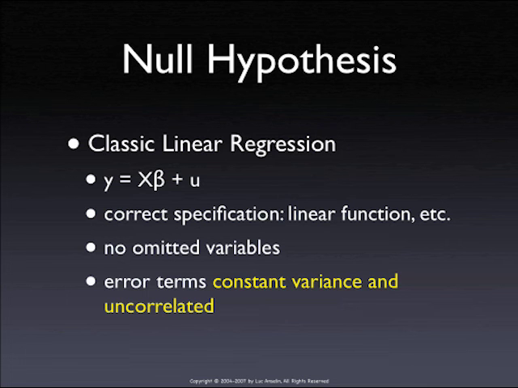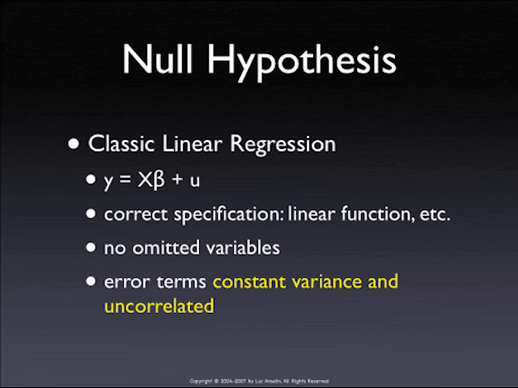And it's actually quite a restrictive framework, the classic setting, in that we have to assume a whole bunch of things. A correct specification, namely that it's a linear model, no omitted variables, and more specifically for our context, that the error terms have to have a constant variance, which we refer to as homoskedasticity. So the absence of a constant variance will be referred to as heteroskedasticity.